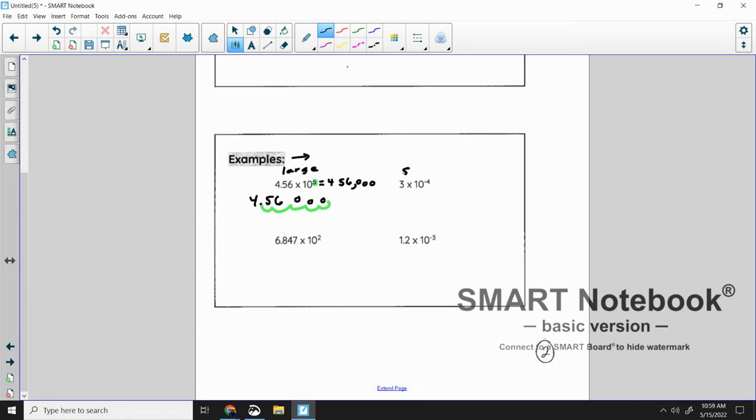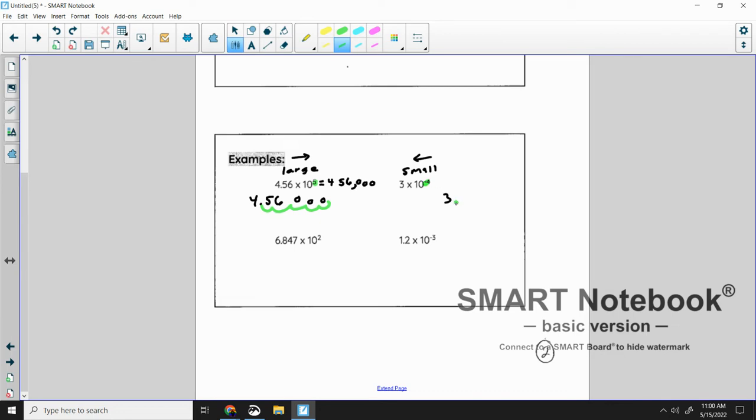Versus here, this has a negative exponent, so it's going to be a small decimal number. So I'm going to move my decimal to the left to make it a smaller number. So I'm going to write my coefficient 3, and my exponent is -4.